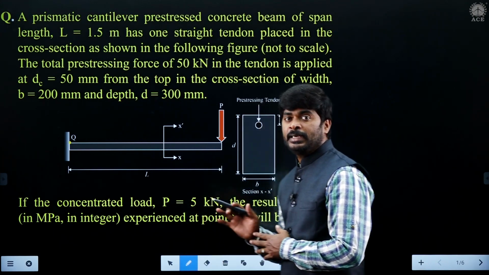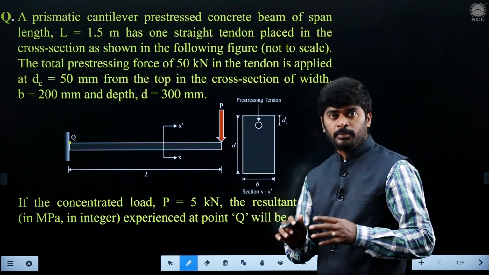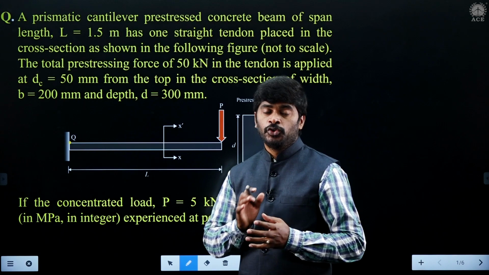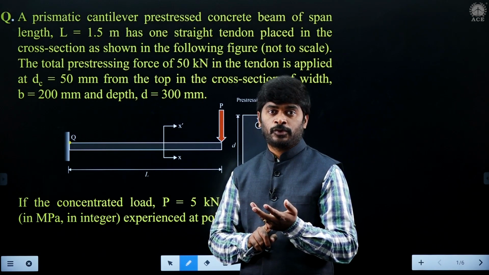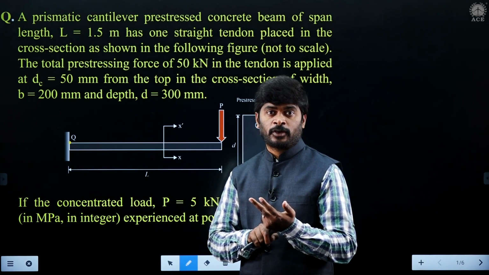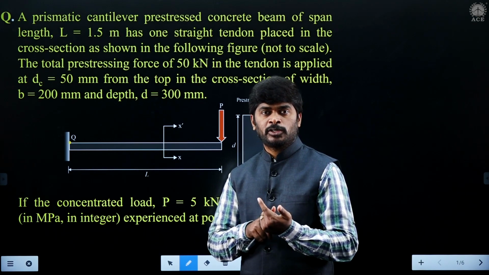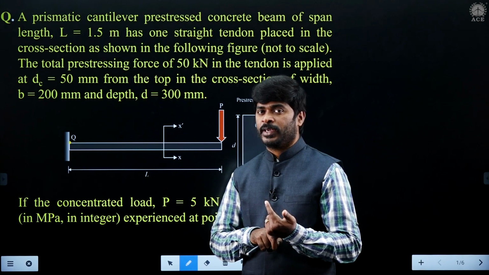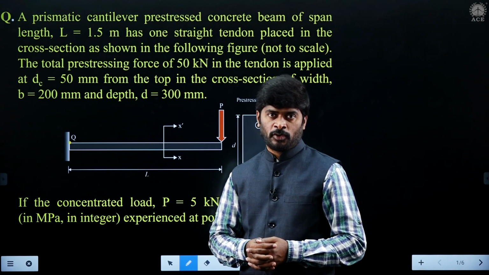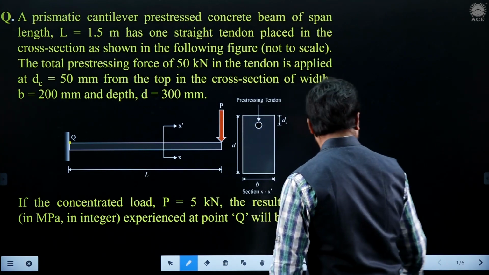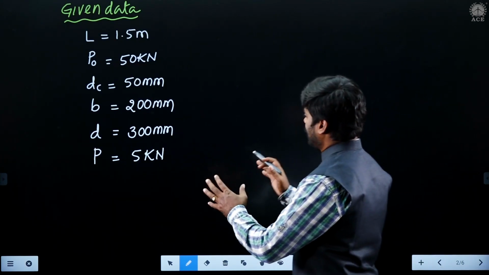Resultant stress means you need to consider the effect of pre-stressing force, the effect of self weight of the beam, and also the effect of live load. All the effects you need to consider. Okay, this is the given data.